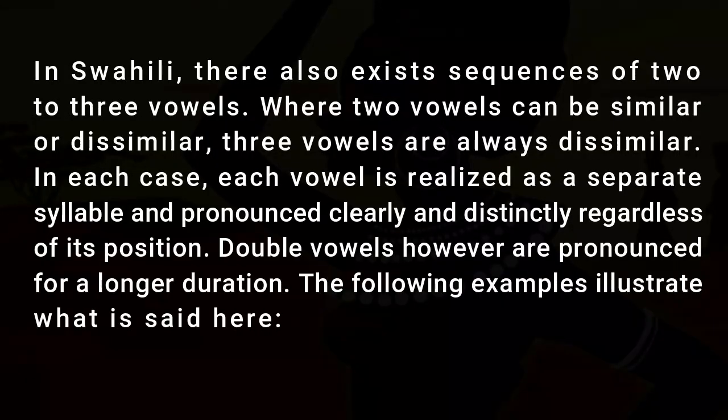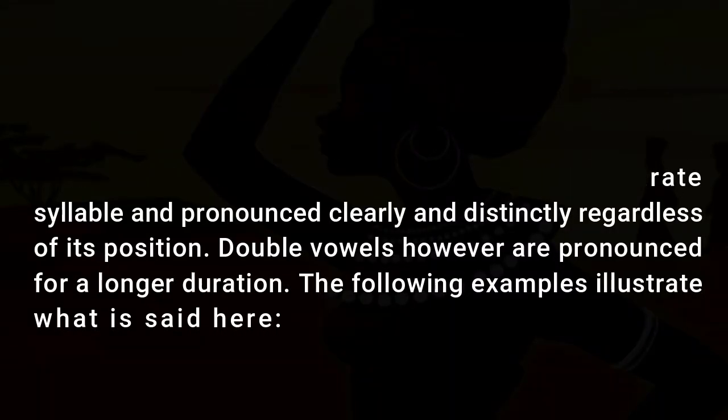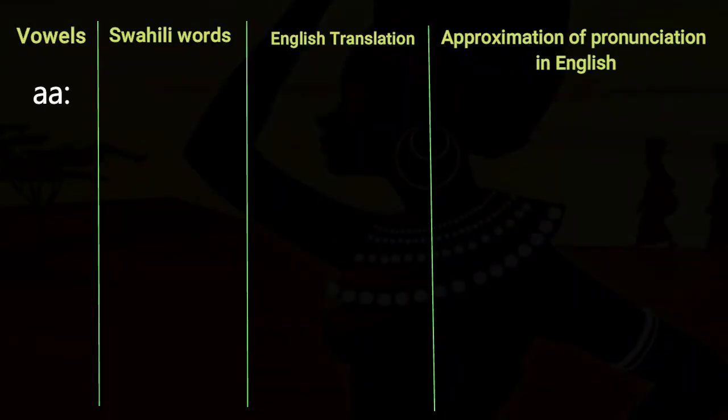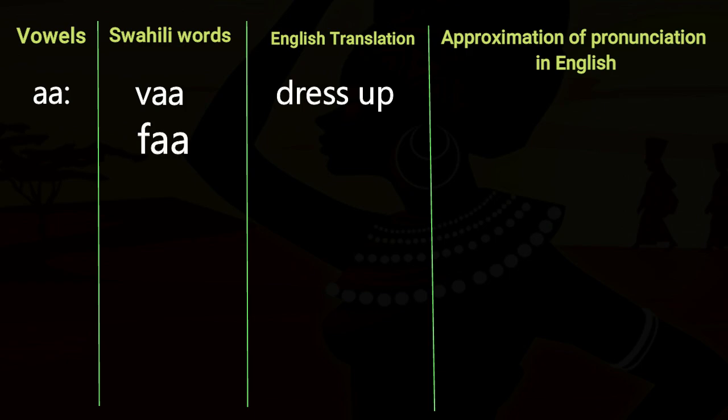Okay, the following examples illustrate what is said here. So double vowel, for example, a, a. Swahili words, vaa, dress up, faa, be of use, as in ba.